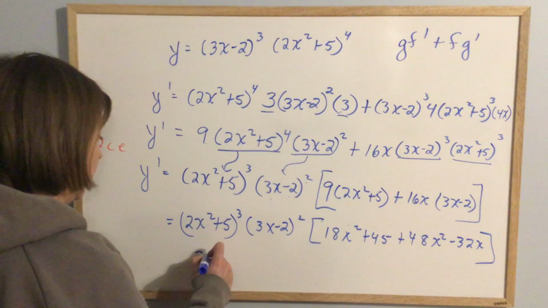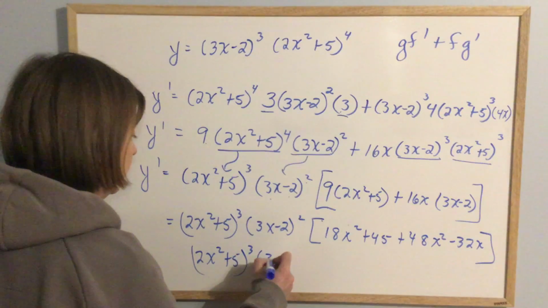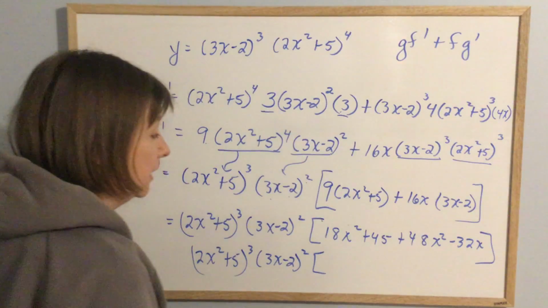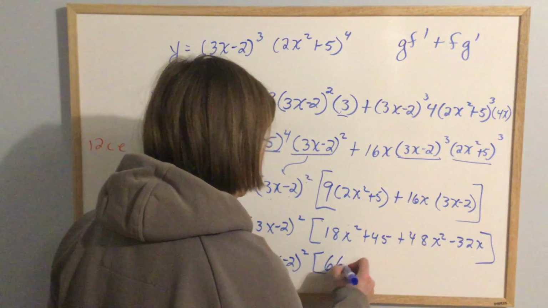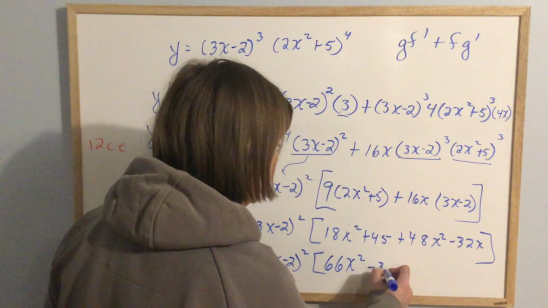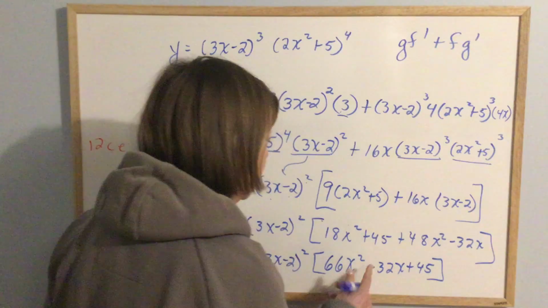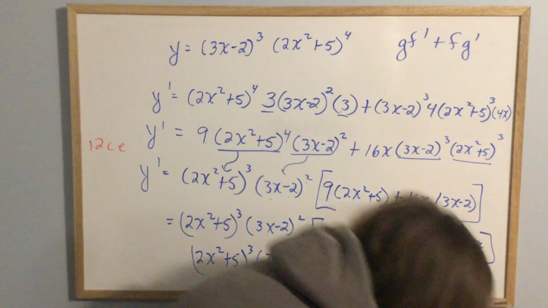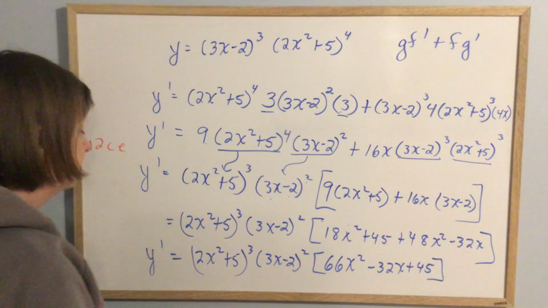And so 2x squared plus 5 cubed times 3x minus 2 squared times 18 plus 48 is 66x squared minus 32x plus 45. Again, theoretically you could break up in there a little bit. I don't think I would bother. They don't bother. So this is my answer.